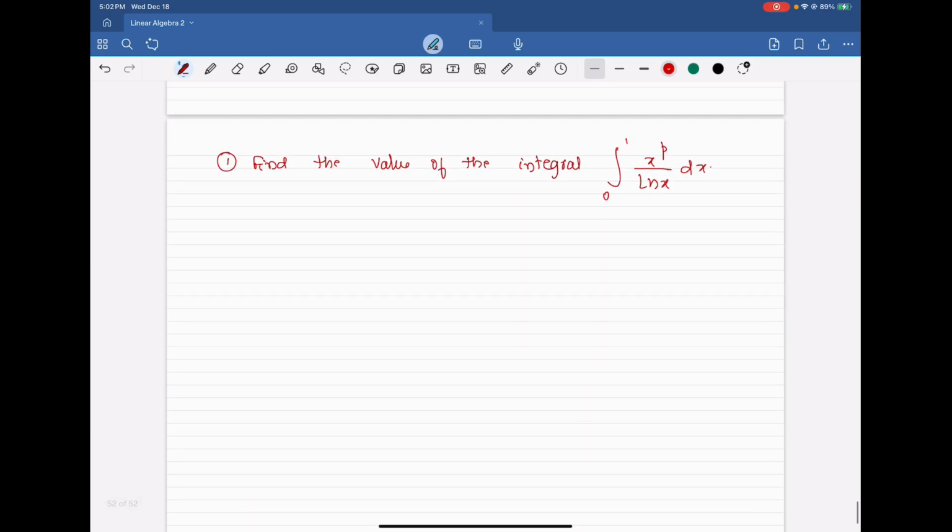Here, first analyze the given problem. Solution. Analyze the condition. Here u is equal to 0, v is equal to 1. That means u and v are constants.